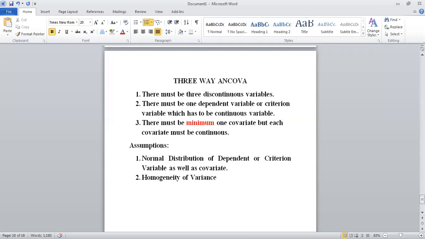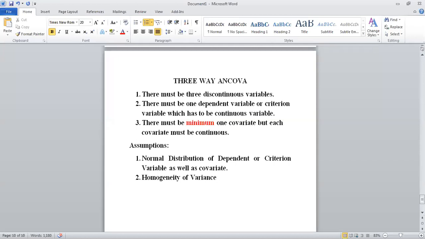If the variation is not the same, then the homogeneity of variance condition is not satisfied, and under that situation, you cannot analyze your data with the help of 3-way ANCOVA.